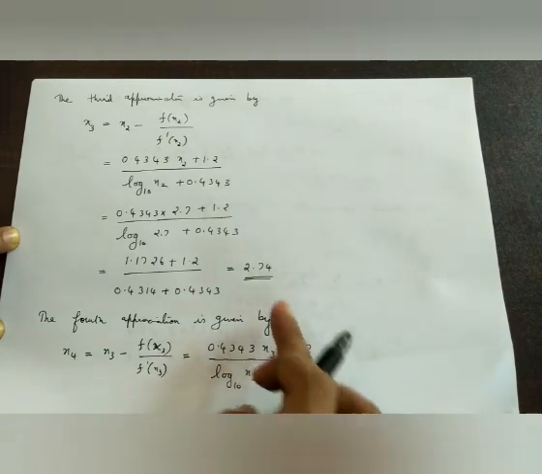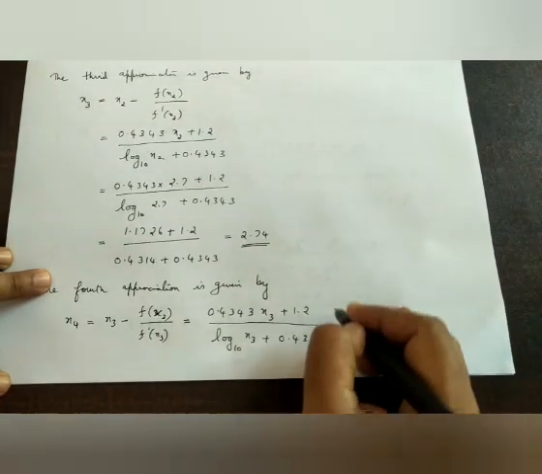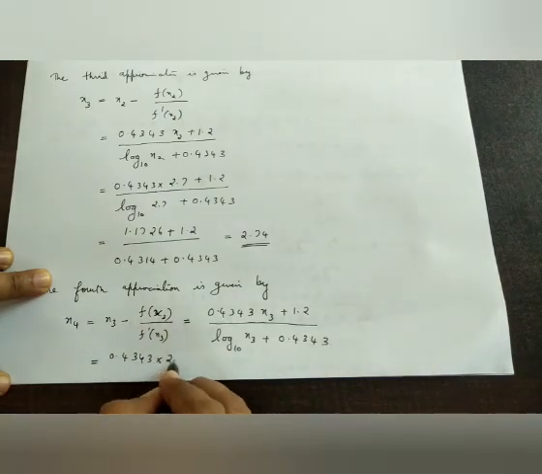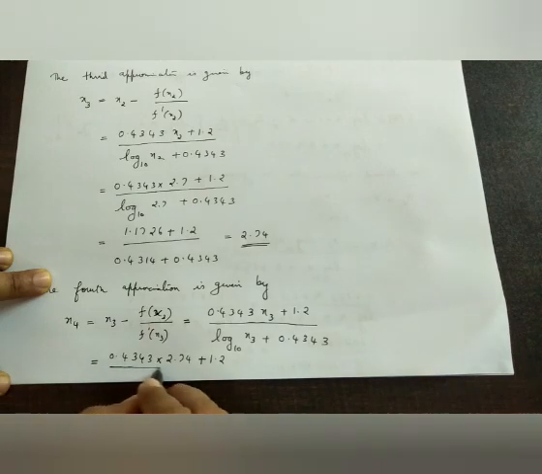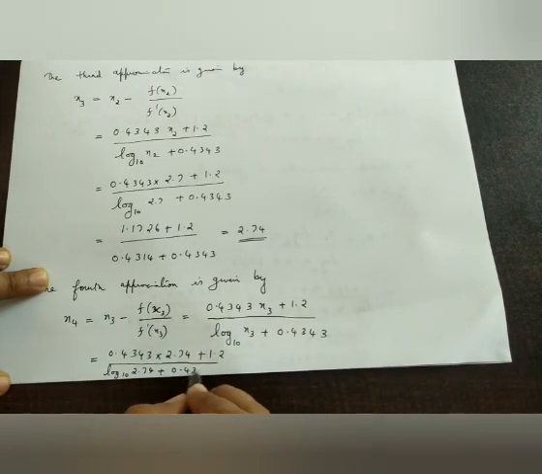Now substituting the value of x3, that is the previous value, we get 0.4343 into 2.74 plus 1.2 divided by logarithm of 2.74 to the base 10 plus 0.4343.